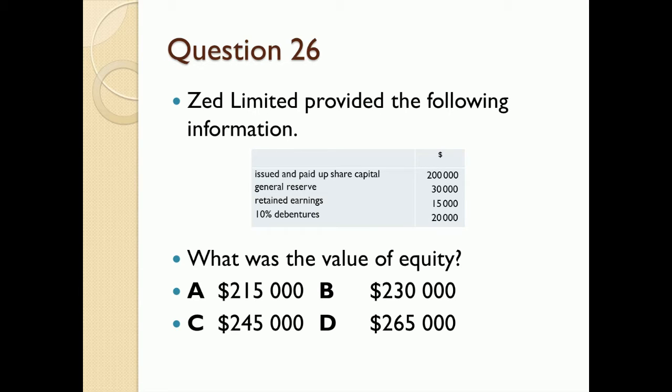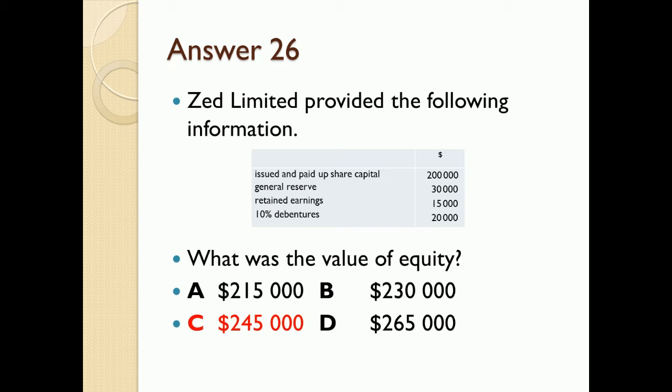Equity is basically the amount which is particularly related to the owners of the business, meaning shareholders. Any type of reserve, any type of retained profit is basically property of owners. So here was the clue, and just see what the answer is. You can calculate and then see the next slide.